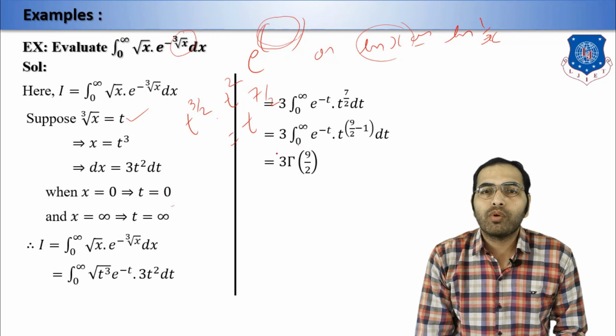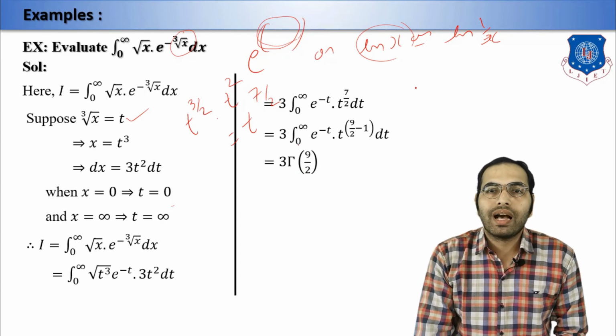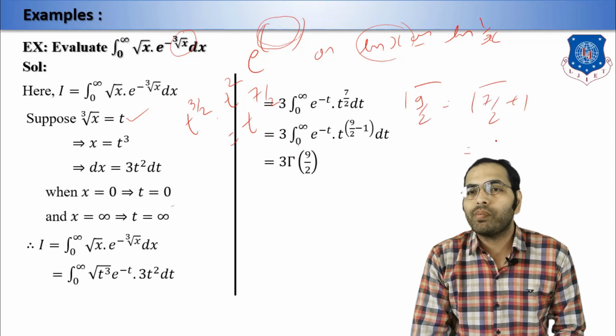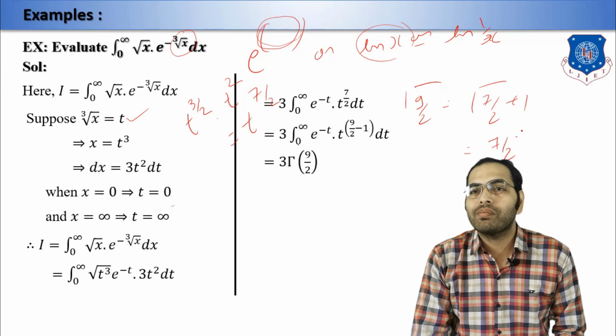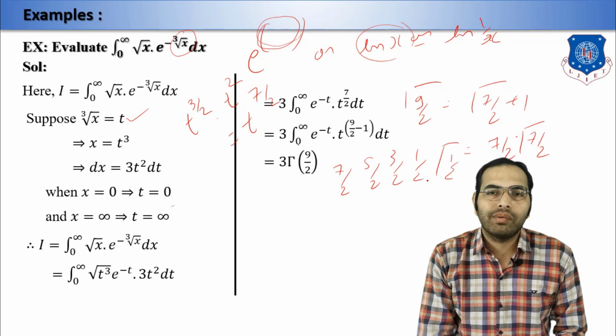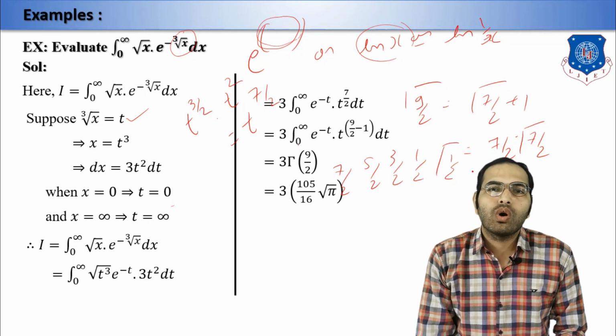Now, according to the properties of gamma function, gamma 9 by 2 we can write as 7 by 2 plus 1. Then according to the properties of gamma function, we can write 7 by 2 gamma 7 by 2. Again 7 by 2 can be reduced in the form of 5 by 2 plus 1, which means we can write 7 by 2, 5 by 2, 3 by 2, 1 by 2 and gamma 1 half, where gamma 1 half is equal to root pi.